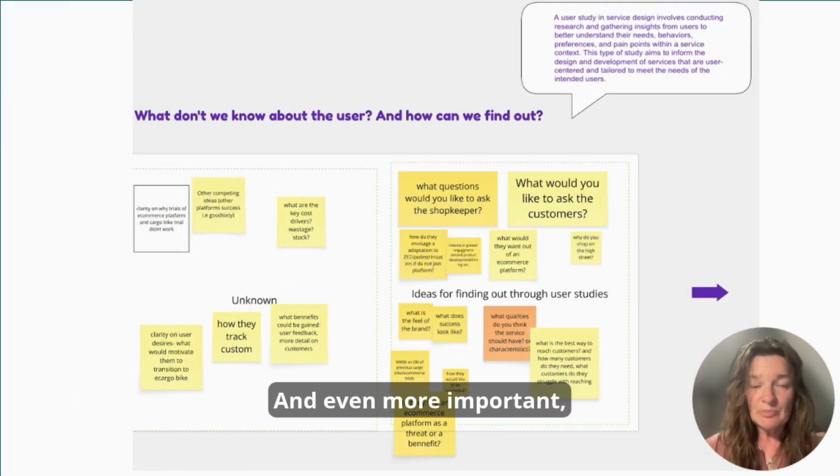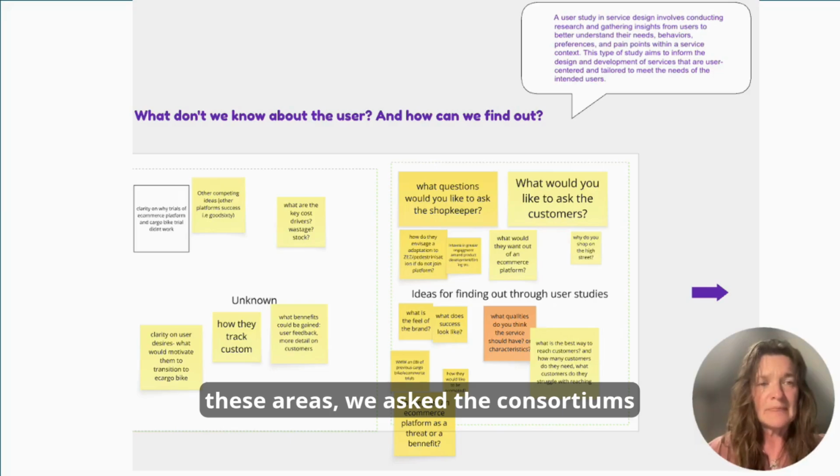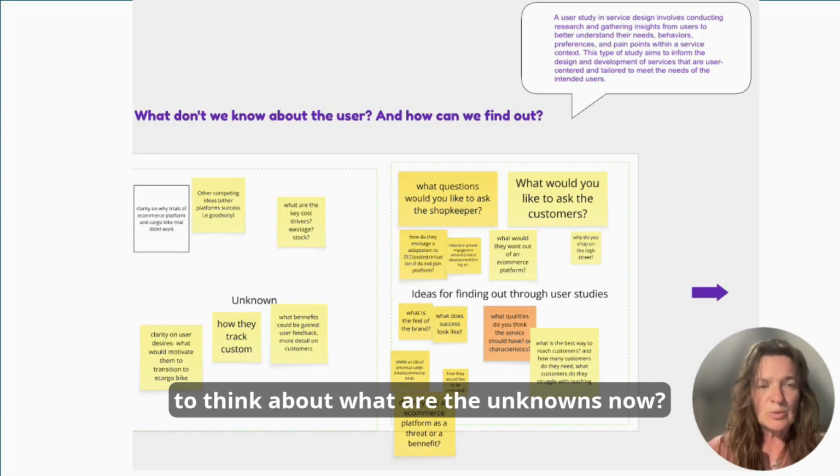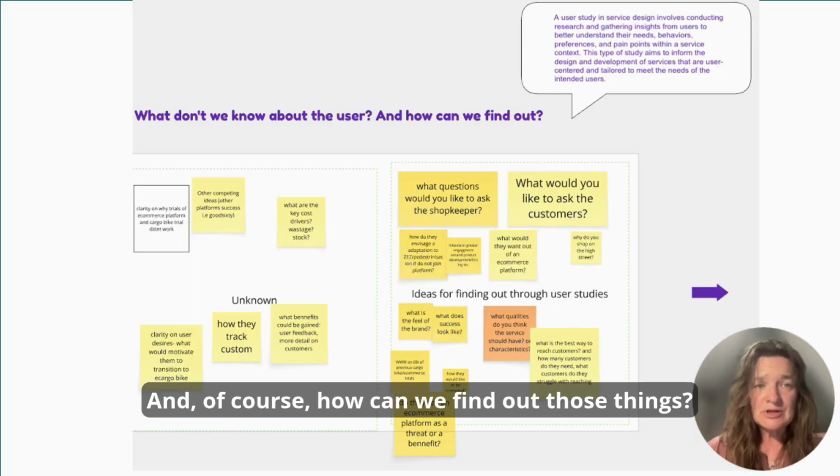And even more important, after that first iteration with the very lo-fi prototypes in these areas, we asked the consortiums to think about what the unknowns are now. What don't we know about the user? And of course, how can we find out those things?